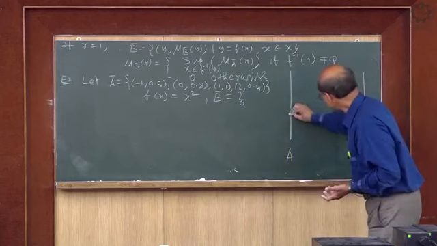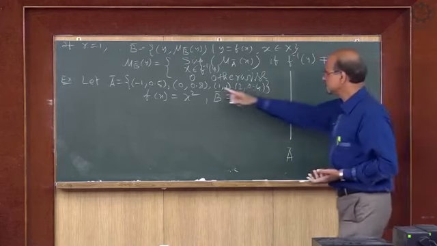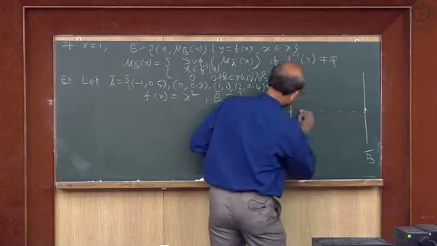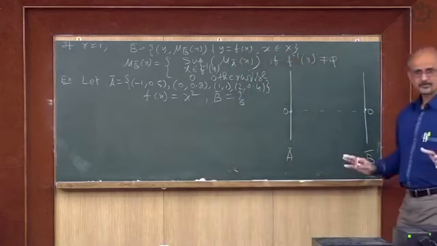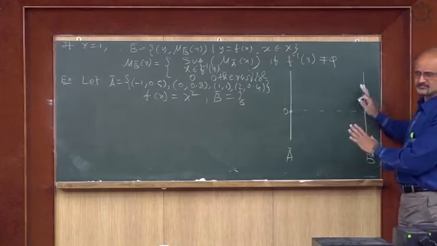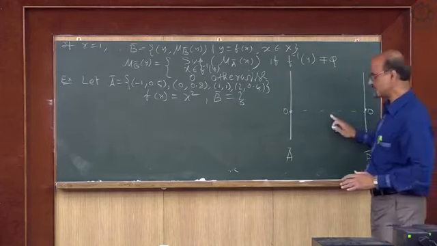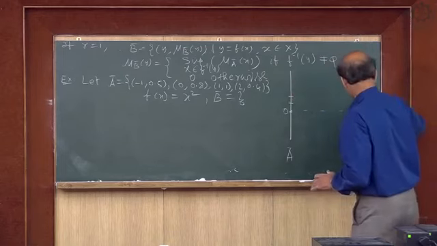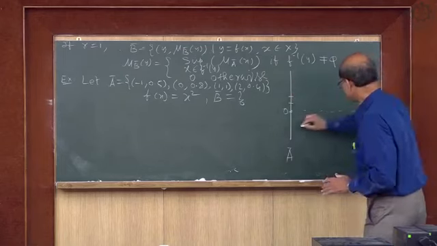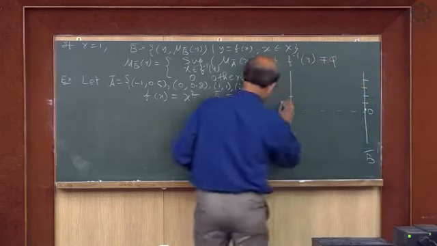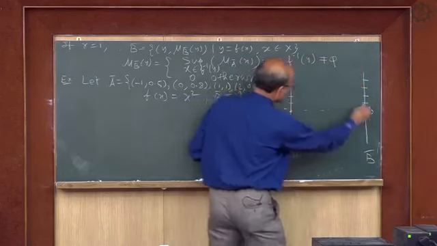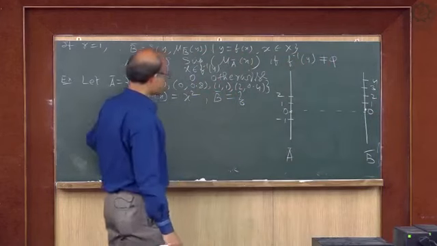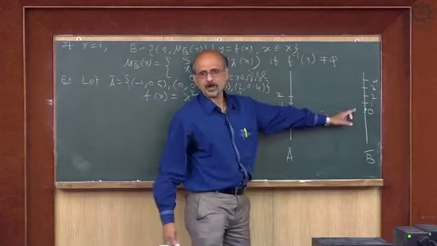So if this is your 0, then 0 will be mapped to 0. I am not writing the membership function, only the elements. Now if this is -1, 1, 2, then -1 will map to 1.